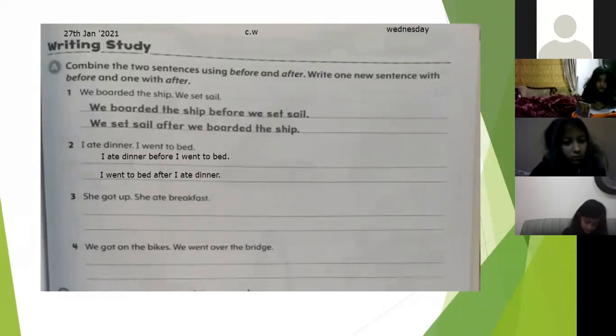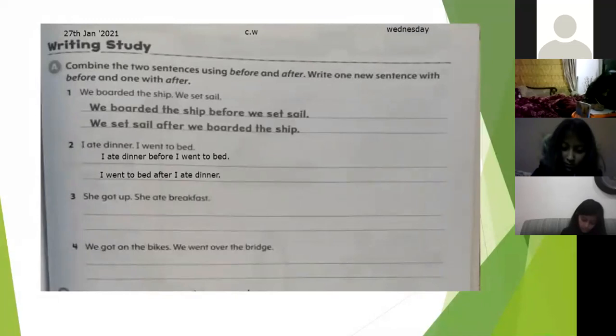Okay? She got up, she ate breakfast. So she got up before she ate breakfast, or you will say she ate breakfast after she got up. Understand? We got on the bikes before we went over the bridge. Or we went over the bridge after we got on the bikes.